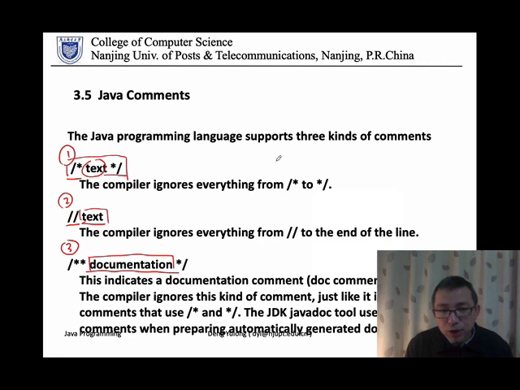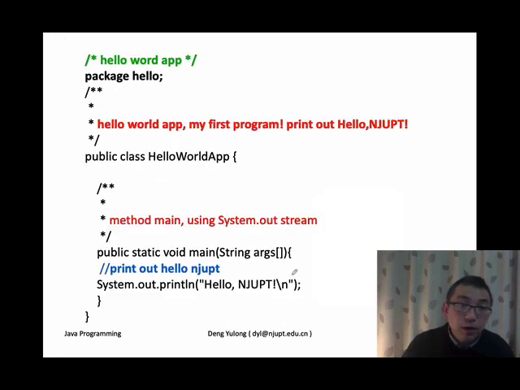You simply write something into these documentation comments, and we use a tool to convert all this documentation to HTML format documents. It's quite simple. Let me give you an example.